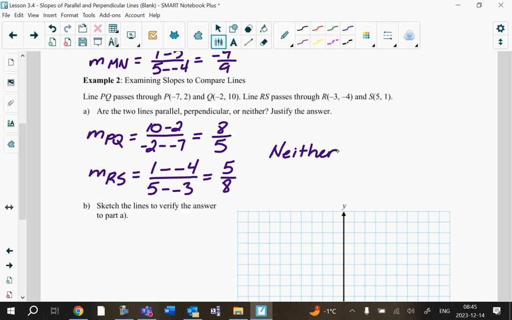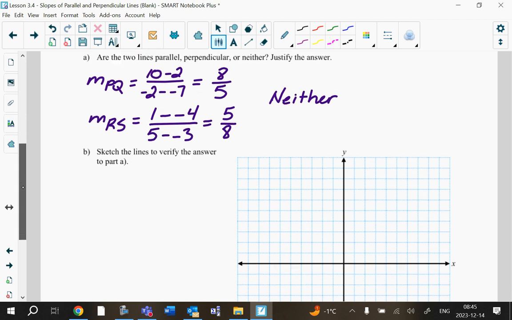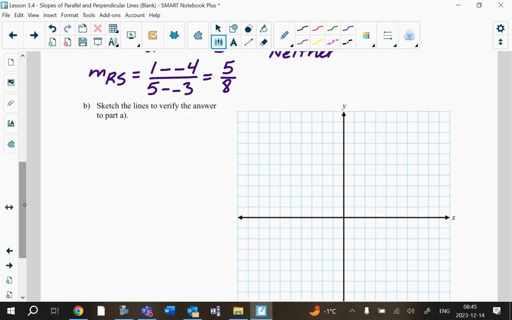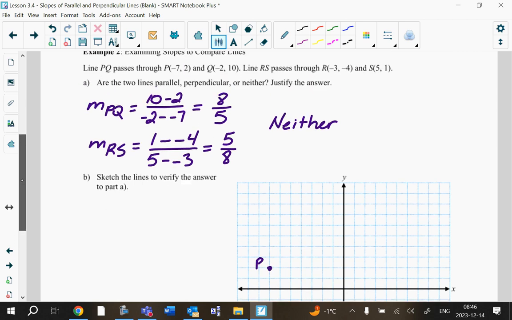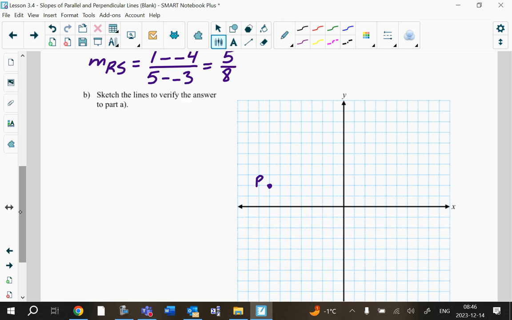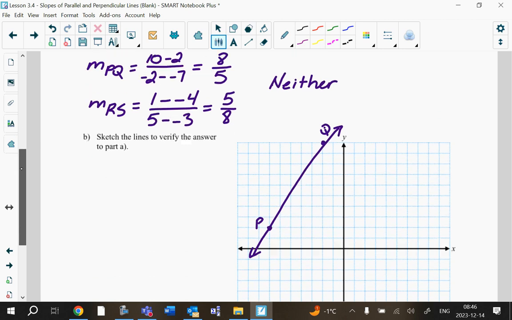So negative 7, 2 is P. Negative 2, 10 is Q. 2, 4, 6, 8, 10 is Q. So there's line PQ. And R is negative 3, negative 4.